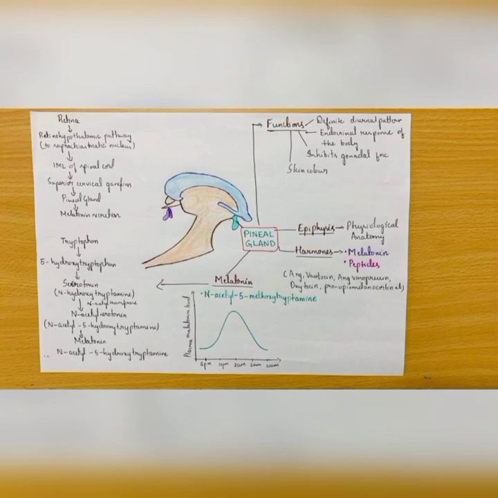It has mainly two functions. It controls the sexual activities in animals by regulating seasonal fertility. However, the pineal gland plays a very small role in regulating the sexual functions in human beings. The parenchymal cells of the pineal gland secrete a hormonal substance called melatonin.